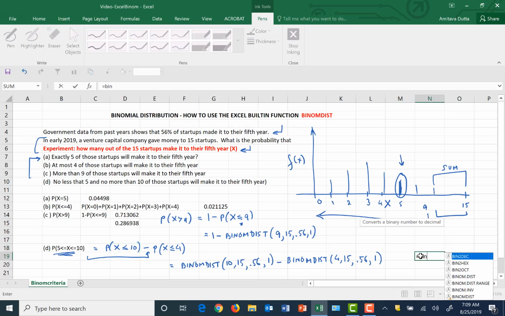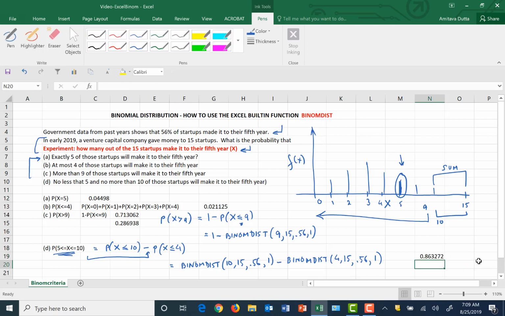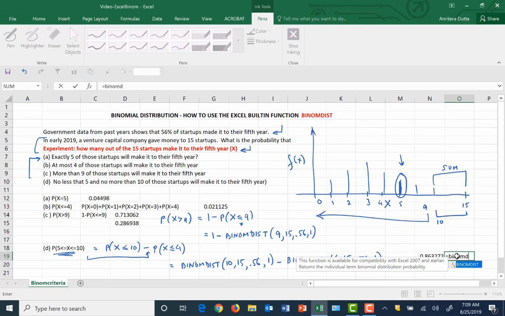Equal to binom dist 10 comma 15 comma 0.56 comma 1. That's the first number, and the second number is binom dist 4 comma 15 comma 0.56 comma 1.